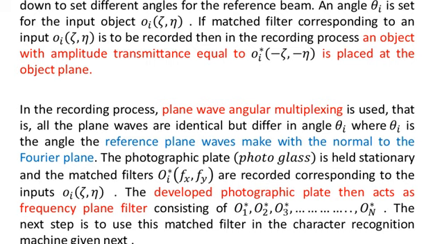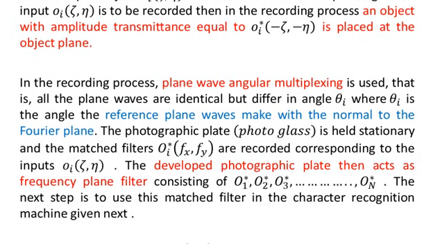In the recording process, plane wave angular multiplexing is used. That is, all the plane waves are identical but differ in angle theta I, where theta I is the angle the reference plane wave makes with the normal to the Fourier plane. The photographic plate, that is the photoglass, is held stationary, and the matched filters capital OI star at the Fourier frequencies fx, fy are recorded corresponding to the input OI placed at the zeta and eta plane.